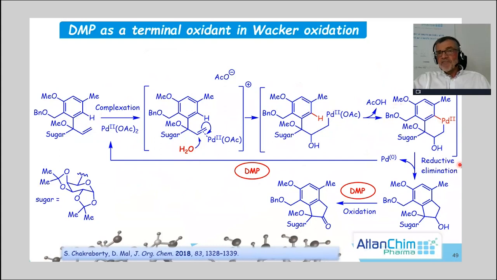Finally, a reductive elimination of palladium occurs to give this bicyclic secondary alcohol. The oxidation of the secondary alcohol in the presence of the Dess-Martin reagent leads to the formation of this indanone. On the other hand, palladium(0) is reoxidized to palladium(II) by the Dess-Martin reagent.